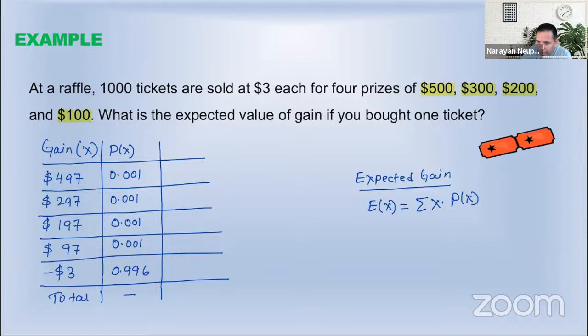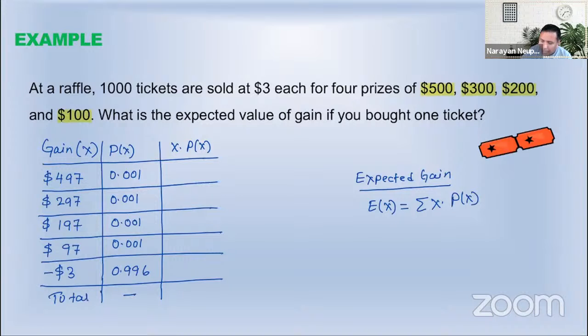So next what we need here is X times P of X. So now we can multiply them in the calculator. So you can also multiply using your calculator along with me here.